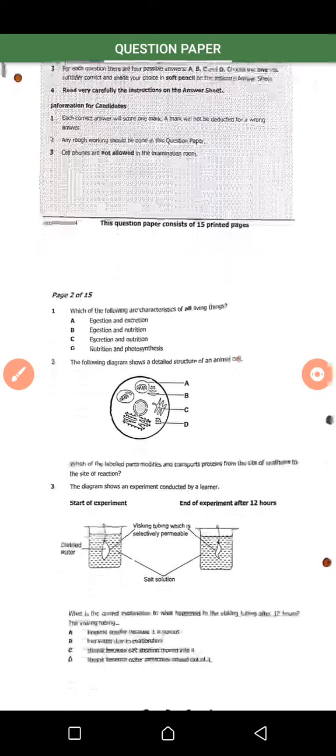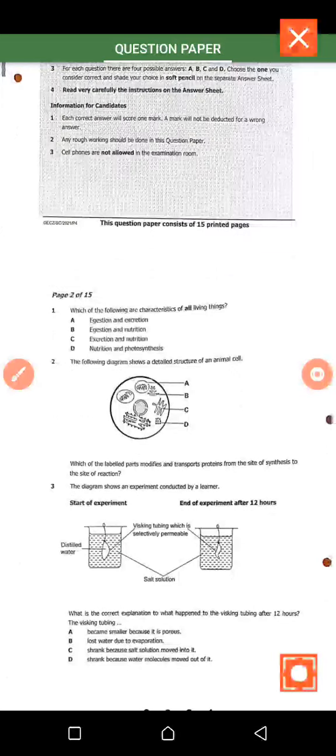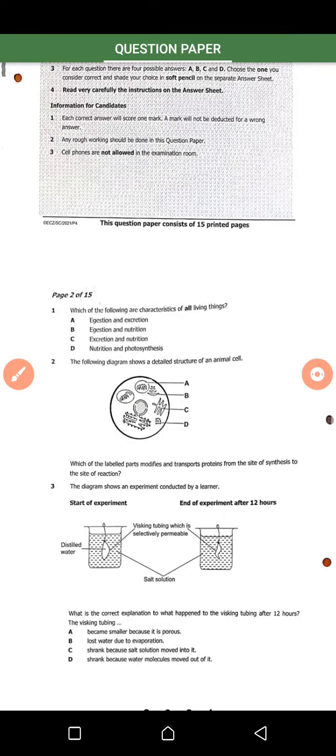You know that transport of proteins is done by the endoplasmic reticulum. Here A is the mitochondria, B is the Golgi apparatus, C is the endoplasmic reticulum, and D is the ribosome. So the correct answer is C.